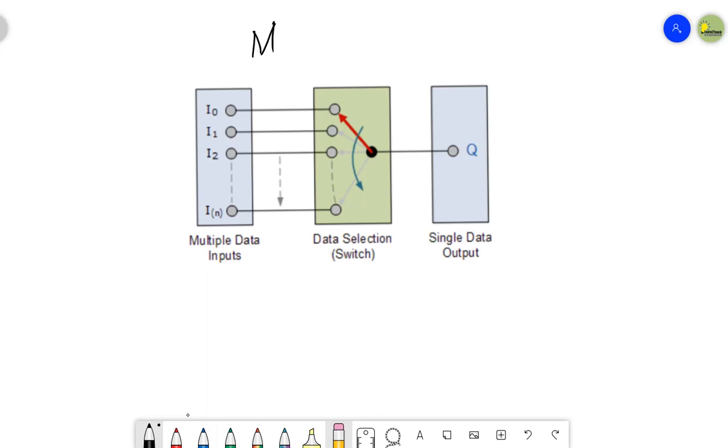The name of this particular device is multiplexer, or if I talk about the abbreviation, then this is MUX, MUX, right? So multiplexer is again an example of an integrated circuit in which you have various components connected in a single chip. And what is the purpose of this multiplexer?